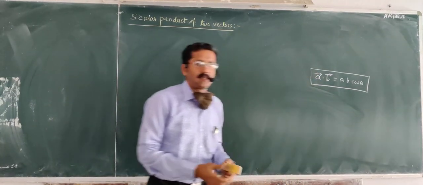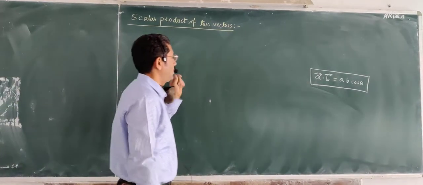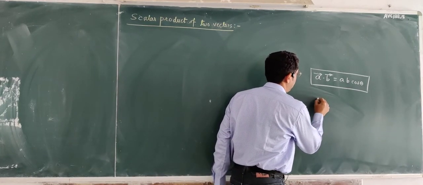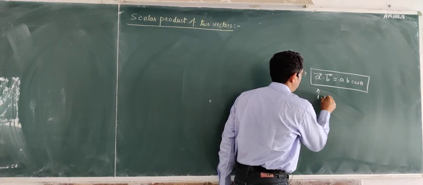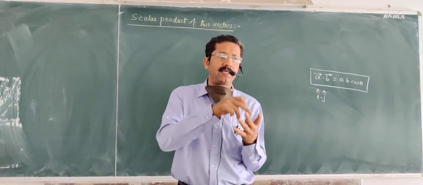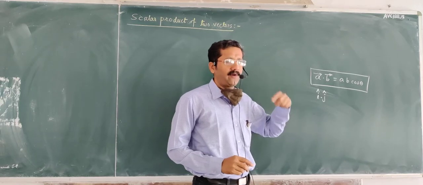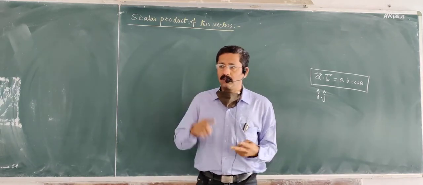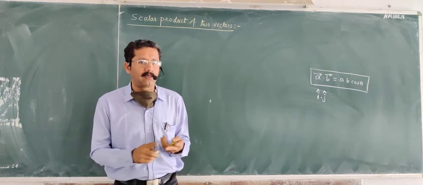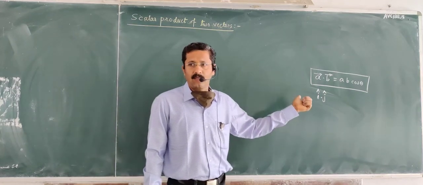Almost at the end of the lecture we studied the dot product of unit vectors i, j and k. If you have the dot product of any two different unit vectors like i and j, j and k, k and i, all three unit vectors i, j, k are mutually perpendicular to each other, and for two perpendicular vectors the dot product is 0.